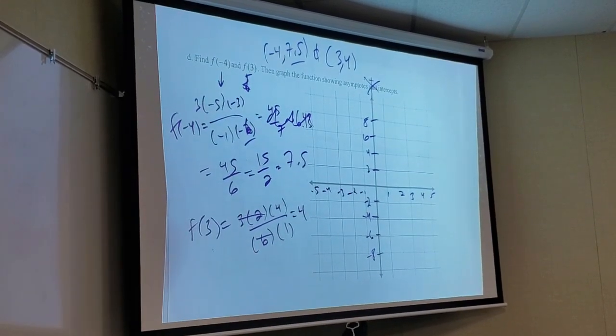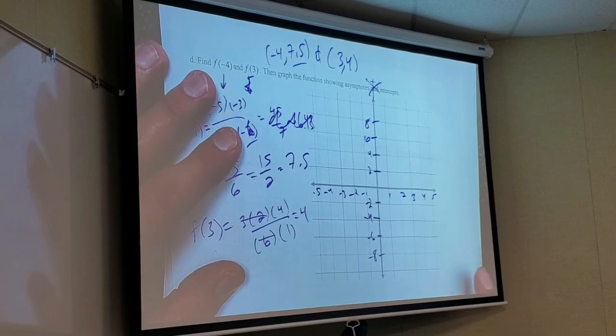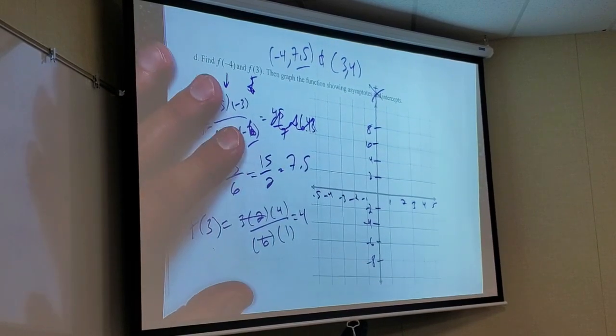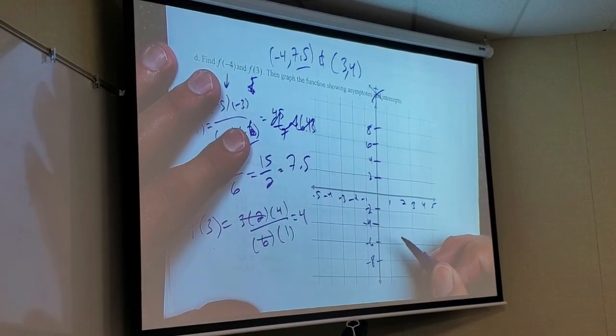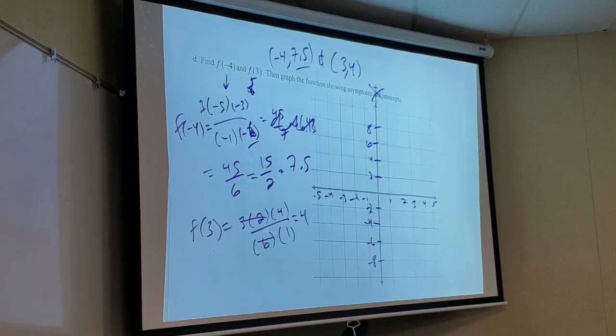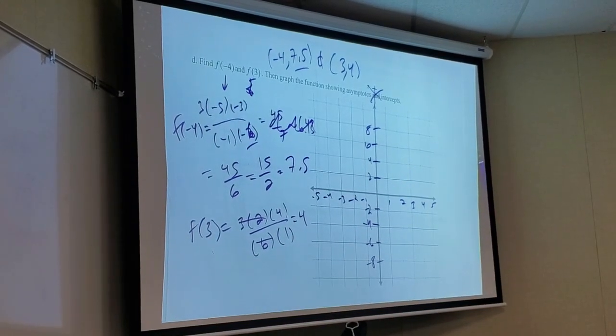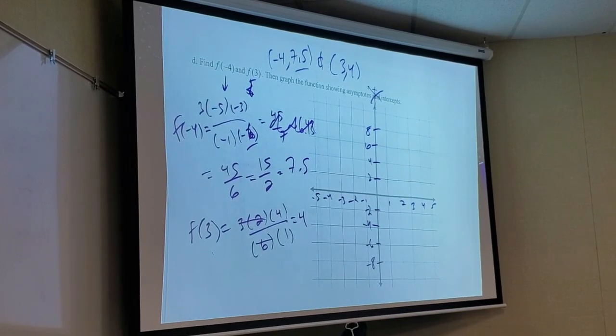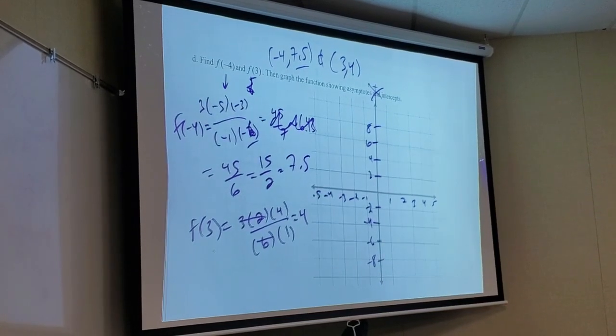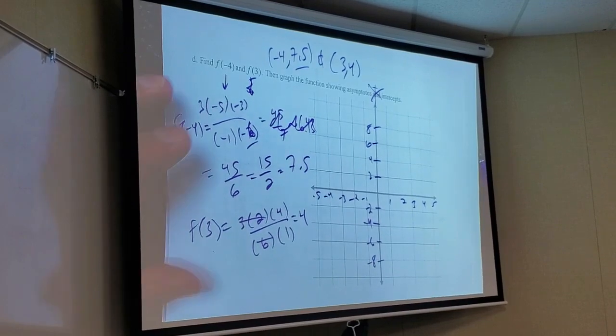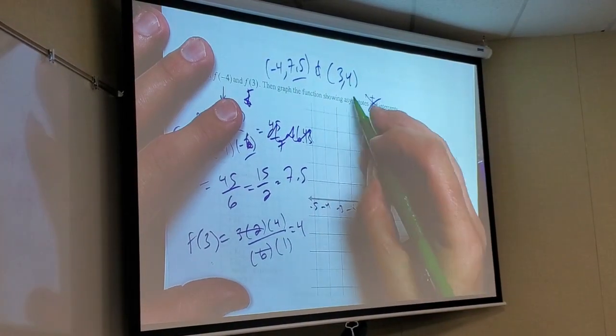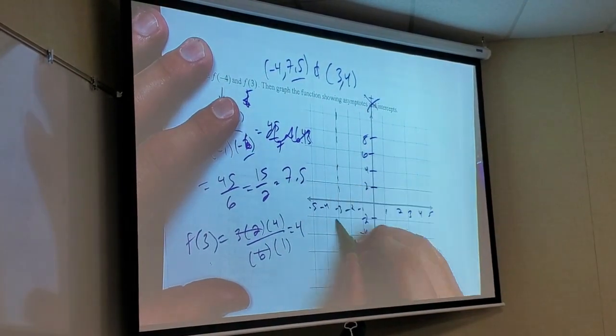So now I can just throw everything on here. So let's see. Try to draw your vertical asymptote walls, right? Why not? Let's see if it shows up here. So I got one at negative 3.